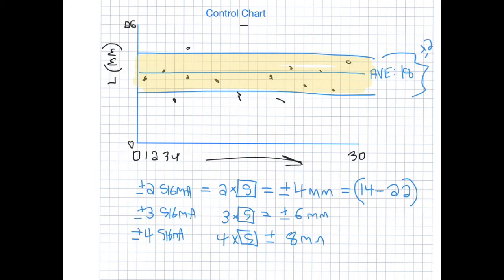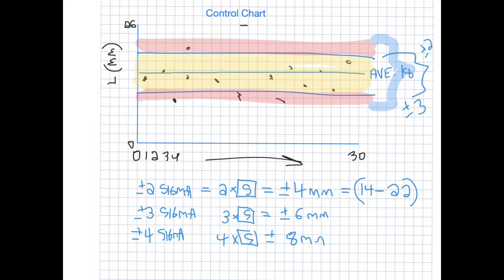So maybe you could just do red on either side. And then however you want to label that. I'm going to really botch this up, especially since I grabbed the wrong tool. But you're going to label that as plus or minus 3 sigma.